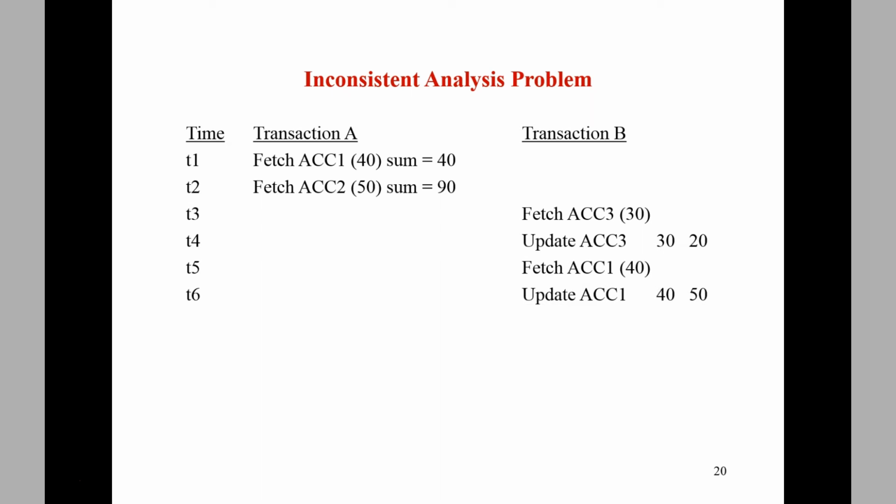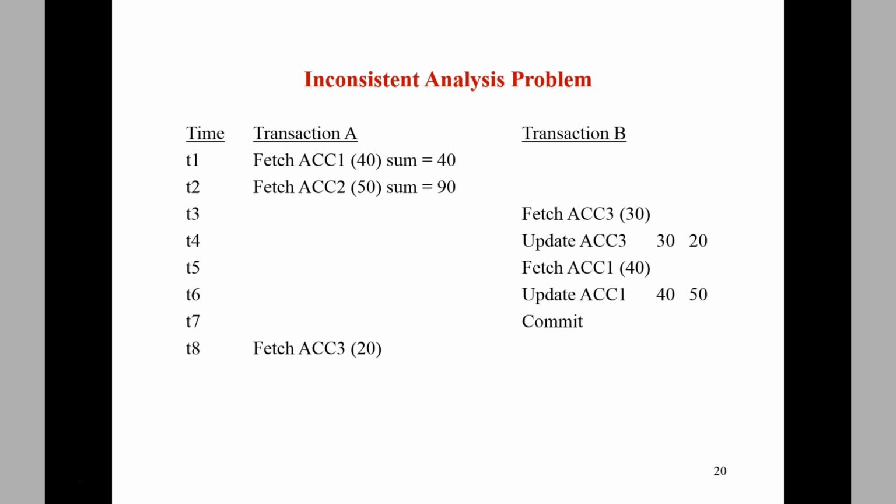Remember, the objective of this transaction was to effectively transfer a value of 10 from one account to another. So then it commits its change. Now transaction A gets a chance to resume, and when it reads account 3, it doesn't see the value of 30, it sees the value of 20.